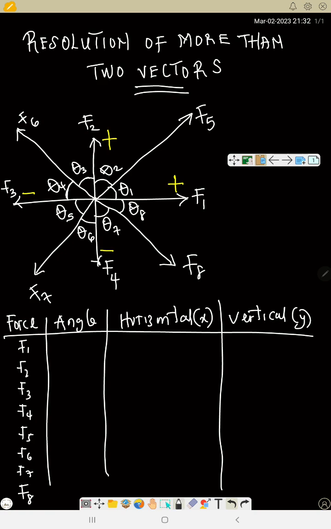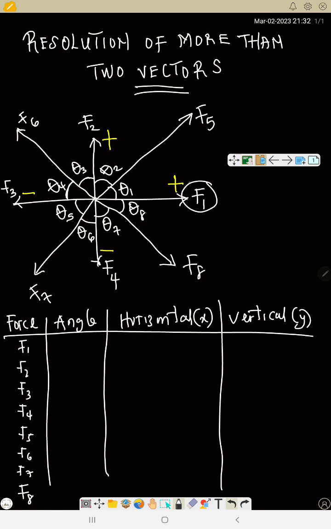The concept I'm using here is still the same procedure you are going to use if you are solving the real problem. We will use numbers in our next video, but now you have to understand all these concepts I'm explaining. So the next thing we have is the angle. What is the angle for F1? Where does F1 lie?